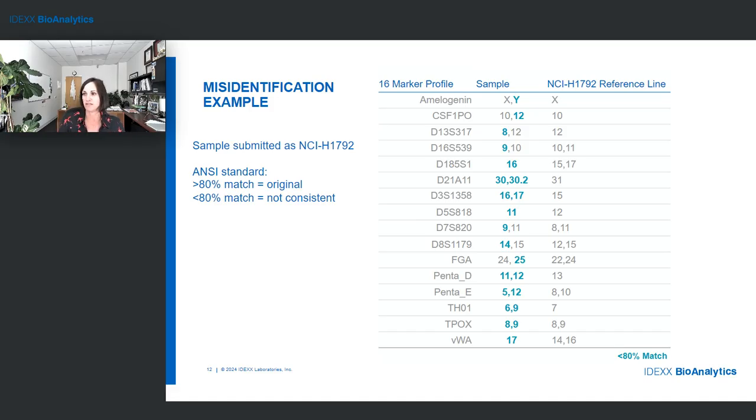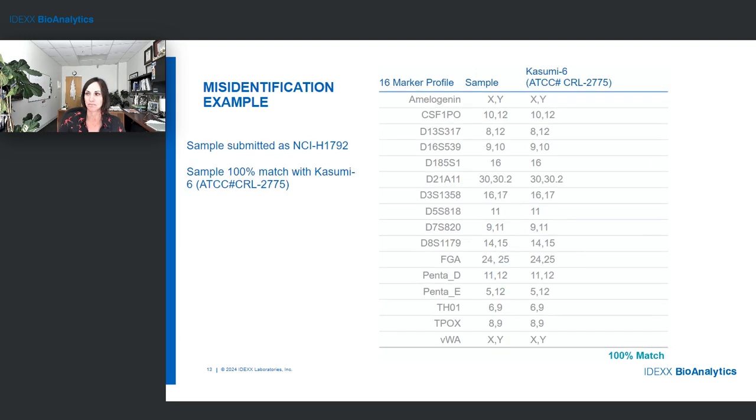So you can see in the center column here is the sample results, the alleles that were read at each of those individual markers in that 16 marker profile. And then the reference profile for the cell line that this was intended to be is on the right. Anything that's in teal green here then is a mismatch. So clearly this is less than an 80% match.